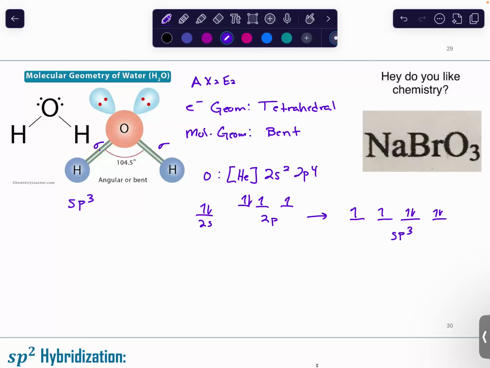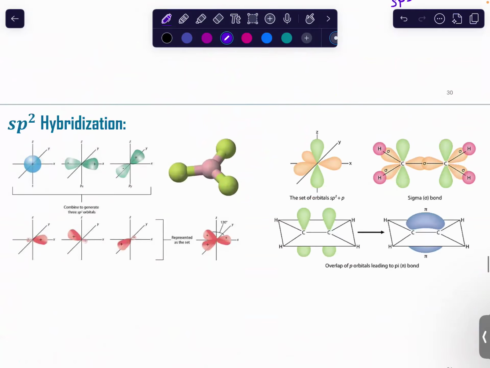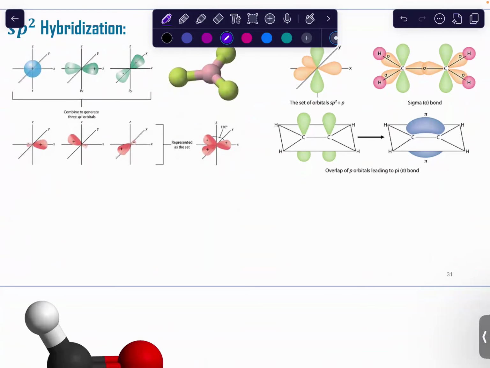Let's move on to sp2. Okay, if sp3 needed 4 regions of electron density, how many regions does sp2 need? sp3 is how many less than sp2 is how many less than sp3? 1.